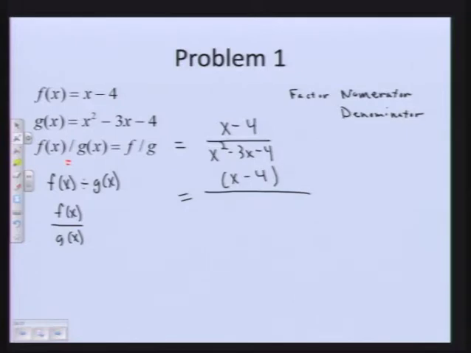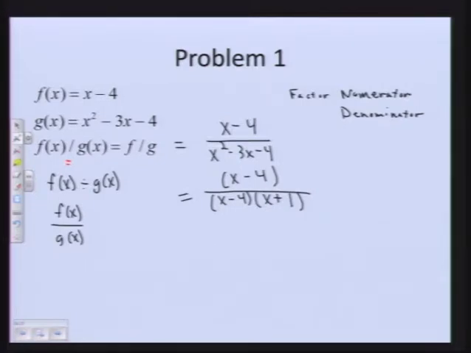Now, x squared minus 3x minus 4, if you go off the page and do some factoring with this, you end up with x minus 4 times x plus 1. That is how x squared minus 3x minus 4 factors.